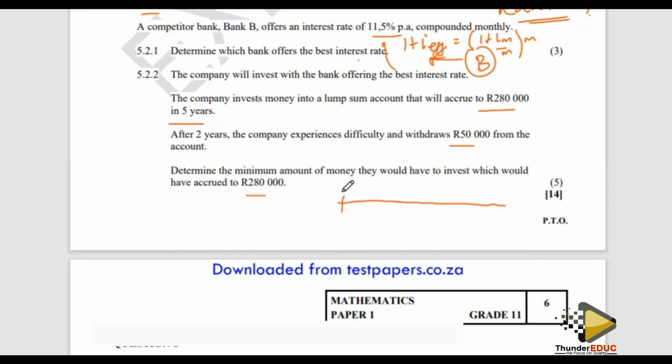Okay. So if this is our T0, initially, there was a lump sum that was invested. But then the total number of years will be 5. And we need 280,000 within the account. Okay. They are telling us that after 2 years, let's say this is T2, there was a withdrawal of 50,000.